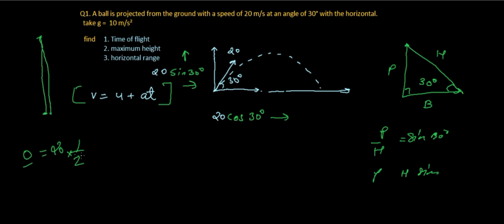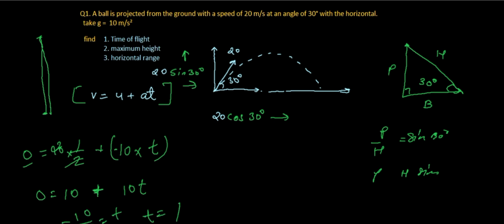20 into 1 by 2 is initial velocity plus acceleration is 10, and we have to find the time. So we solve this, it becomes 10 plus 10t equal to 0. Because the acceleration is in the downward direction, we will have to take here minus 10, and so minus 10 by minus 10 equal to t would be 1.